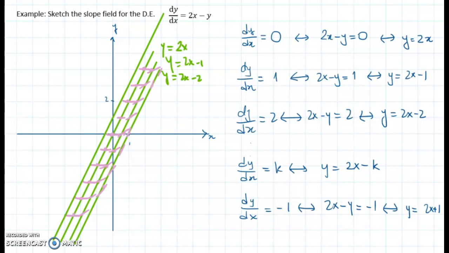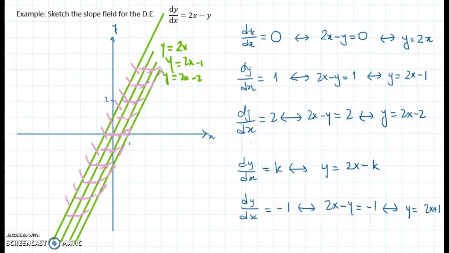Well, I have to have slope -1. This line has slope 2, so it's going to be something like this, crossing the lines with the slope -1. And it's going to get more and more steep on the negative side if I keep moving towards lines that are parallel to that one but with positive y-intercept.